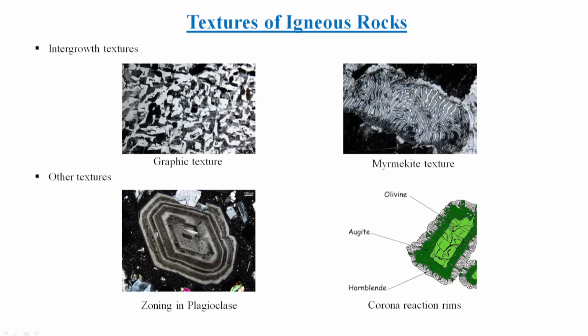Some other textures include zoning in plagioclase, because plagioclase, if you remember, according to the order of crystallization as well as Bowen's reaction series, belongs to the continuous series, on the right hand side of Bowen's reaction series. So you have a solid solution between your calcium-rich plagioclase, that is anorthite, and your sodium-rich plagioclase, that is albite. Between them you can have continuous substitution of one another, and you can also have other feldspars, for example oligoclase, andesine, labradorite and bytownite, as you go from albite to anorthite.